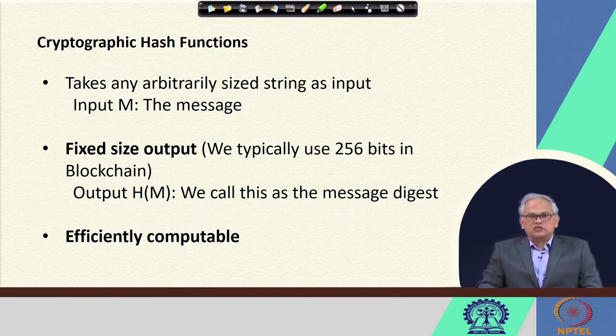So, what is a hash function, and more specifically we are talking about cryptographic hash functions. These are like functions as we know them, that take some input and produce some output, and the properties that make such functions cryptographic hash functions are as follows. They take an arbitrarily sized string as input. The input we denote by the uppercase letter M, which represents the message that will be converted into what we call the fixed size output, often also called the message digest.